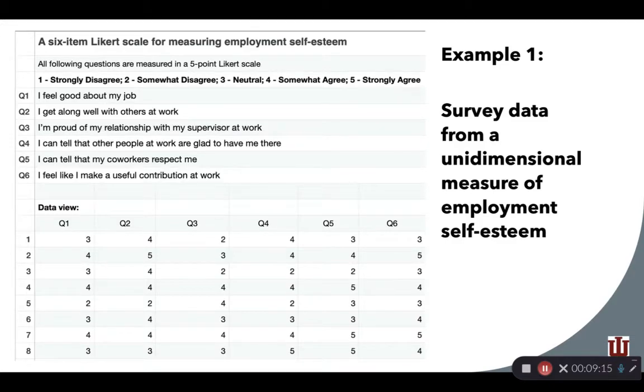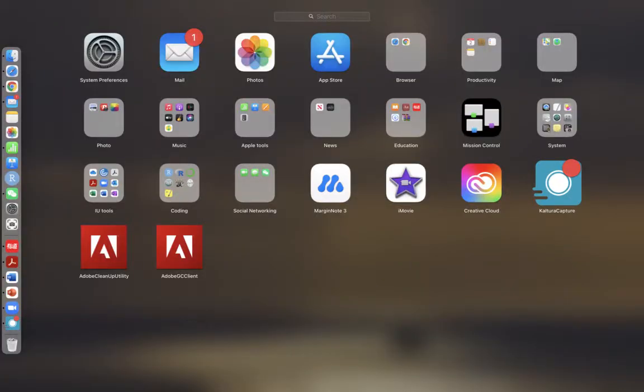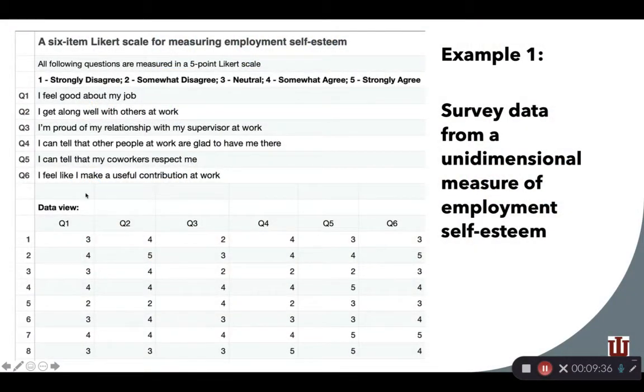And all these questions are measuring one single construct, which is employment self-esteem. And this is a 5-point Likert scale, measuring agreement from 1 equals strongly disagree to 5 equals strongly agree. So these are the questions, question 1 to 6.